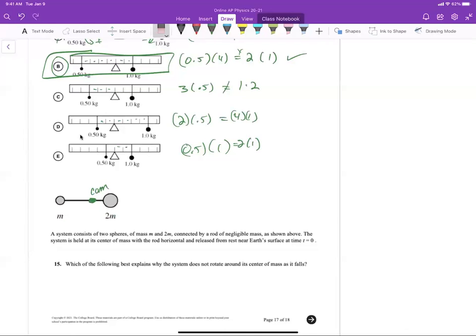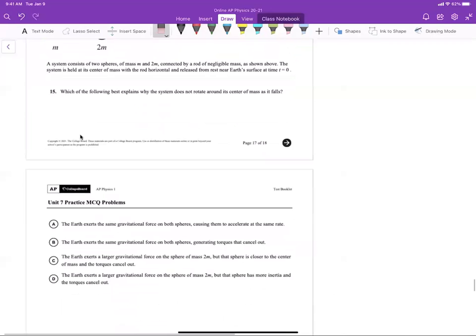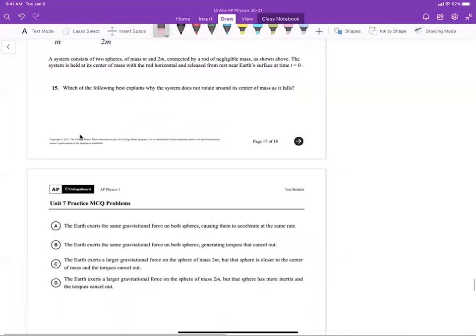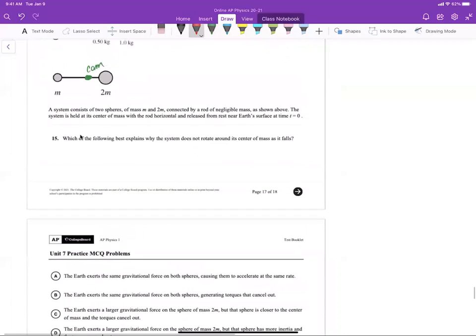Okay. Which of the following best explains why the system does not rotate about its center of mass as it falls? So if you hold it there and let go, there was no torque to begin with, so why would it rotate? So let's see. The Earth exerts the same gravitational force on both spheres. Well, that's not true. The force of gravity on the 2m is twice as large.